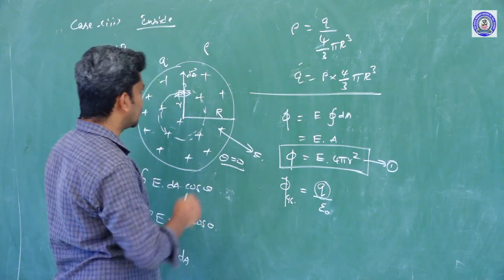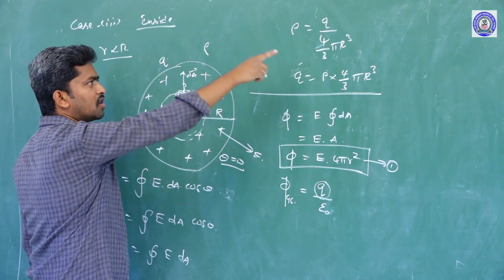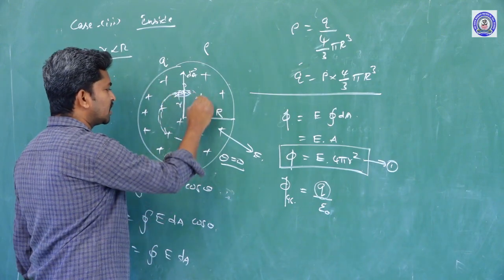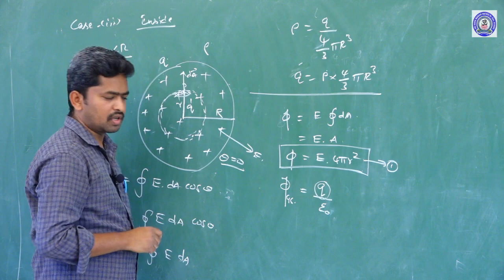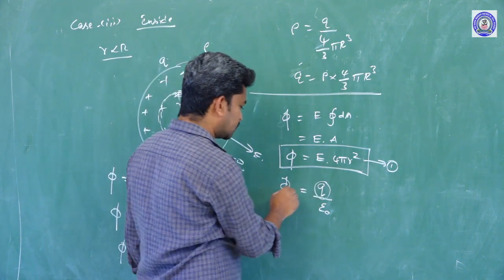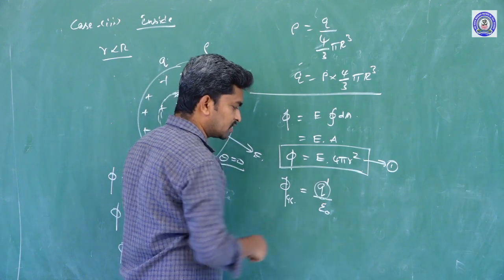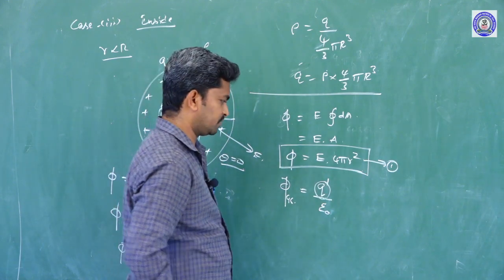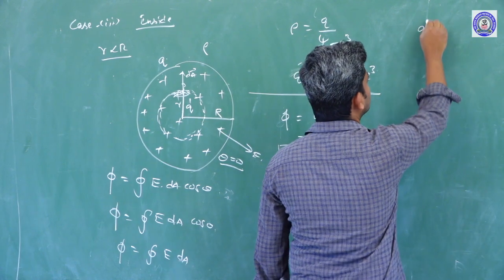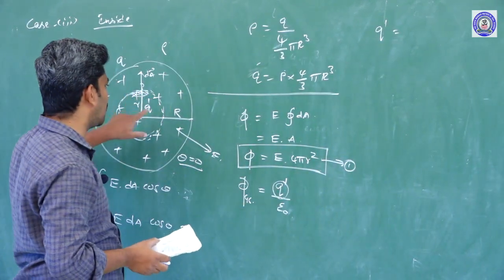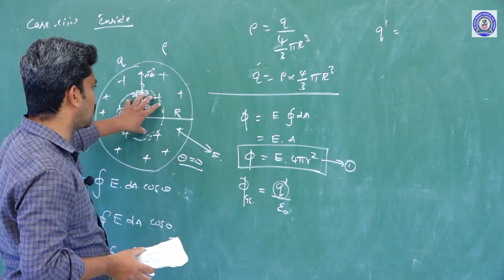You know well that the net charge of the non-conducting sphere is Q. Here I take the net charge in the Gaussian surface as q dash, so the net electric flux is equal to q dash divided by epsilon naught. Here q dash is the charge placed in the volume of radius r, the small Gaussian surface.